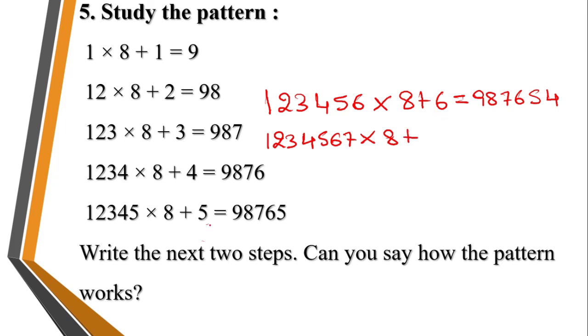So here we ended with 5 and then we wrote 6 and now it will be 7. And then here we have 9, 8, 7, 6, 5, 4. Right. And next will be 3. Right. So it will be 9, 8, 7, 6, 5, 4 and 3 also we will add it.